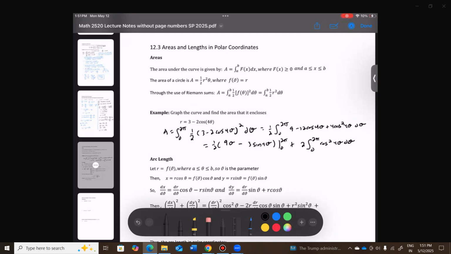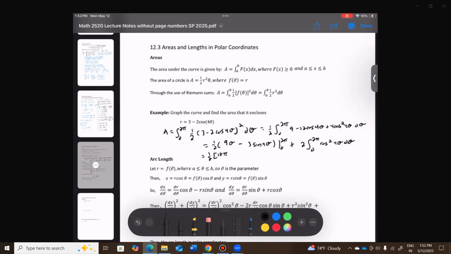Okay, now first let's evaluate this, and then we'll go on to evaluate the rest of it. So if we plug in 2 pi for theta, we'll end up with 18 pi. I'm going to keep that 1/2 out right now.